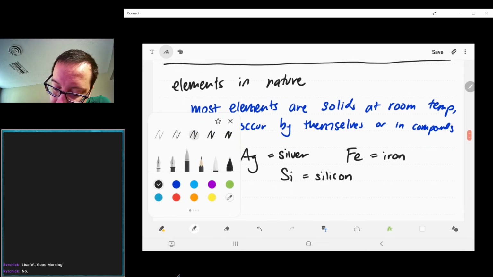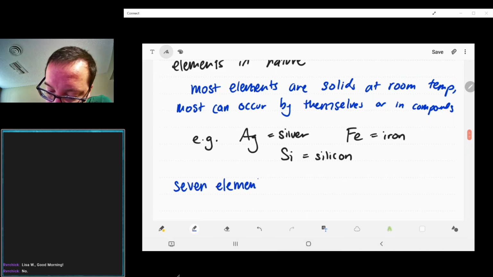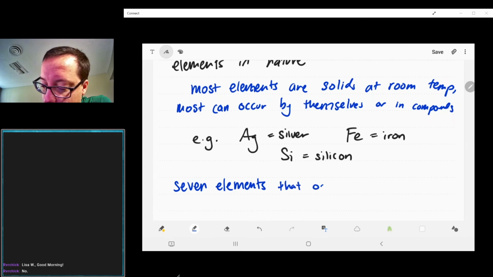However, there are 7 elements that always occur as what are called diatomic, meaning they are made of 2 atoms.